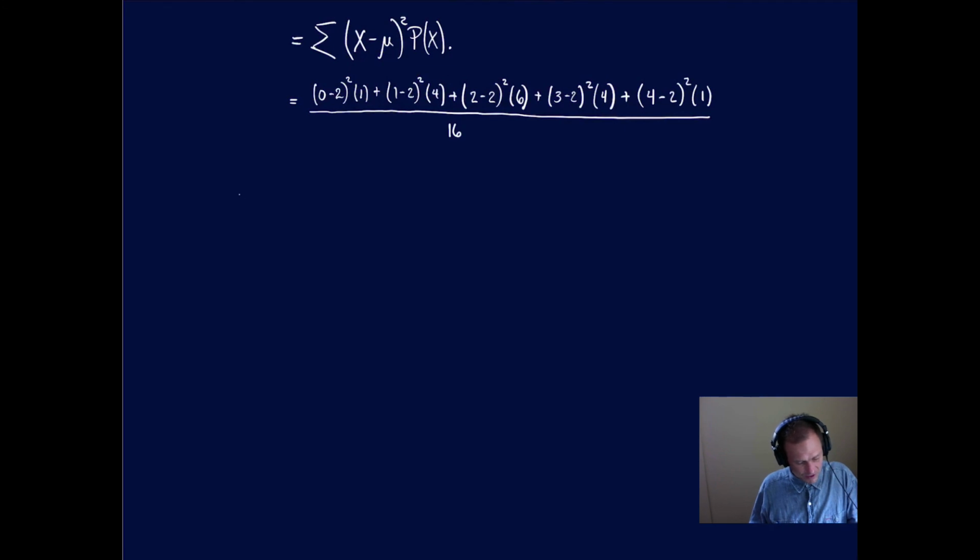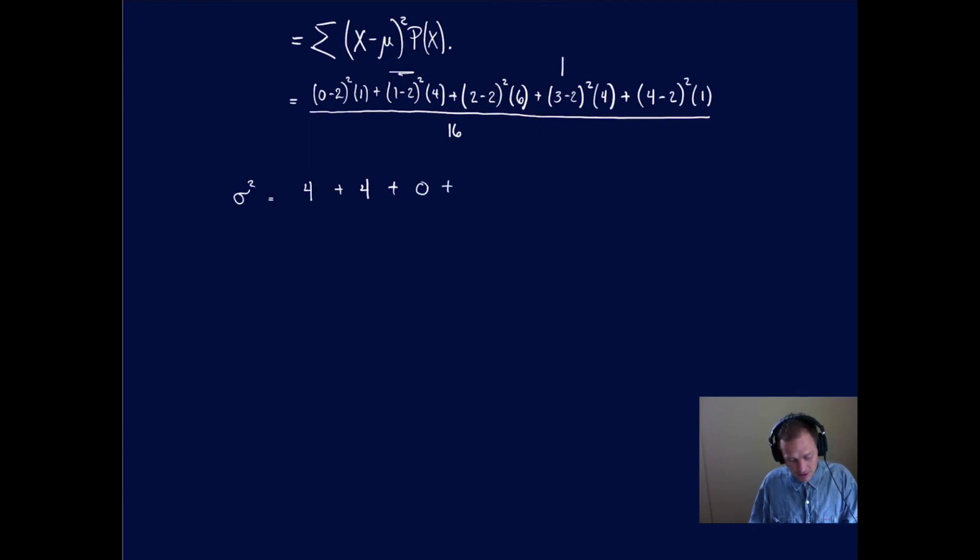So our variance, our sigma squared, is going to be 0 minus 2 is negative 2. We square it to get 4. 4 times 1 is 4. Plus, the next one here is 1 minus 2. That's a negative 1. Square it for 1. Multiply it by 4. Plus, 2 minus 2 is 0. Square is 0 times 6, still 0.